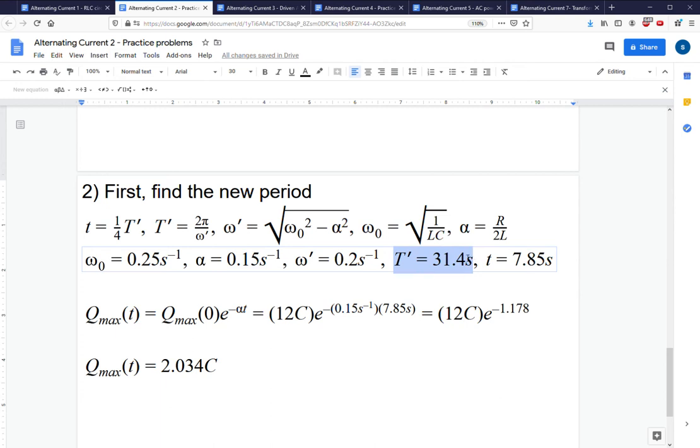And since we're looking for when it's at 1/4 of the period, that occurs at 7.85 seconds. So the maximum charge on the capacitor will occur at time 7.85 seconds.